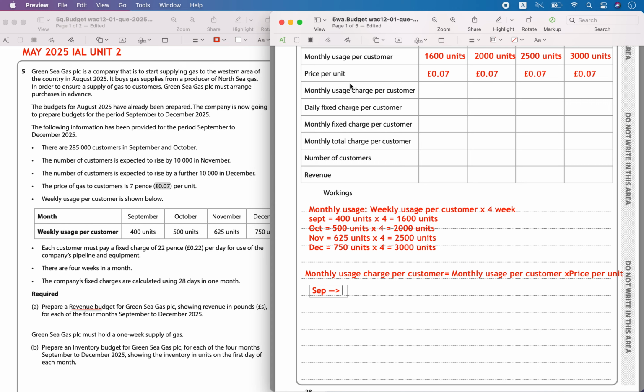So for September, 1600 units times 0.07 is equal to 112 pounds.